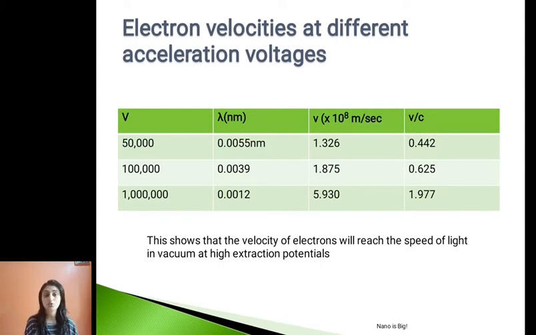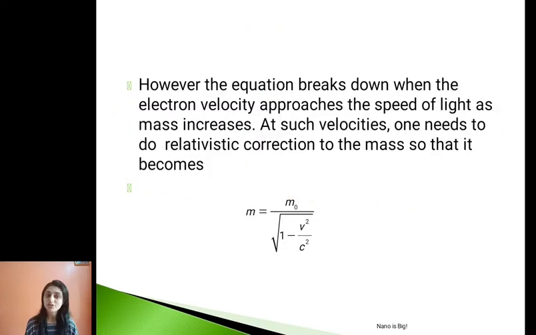So this shows that the velocity of electrons will reach the speed of light in vacuum at high acceleration potentials. But this is not true; this is not possible. The equation breaks down when the electron velocity approaches the speed of light, as mass increases.